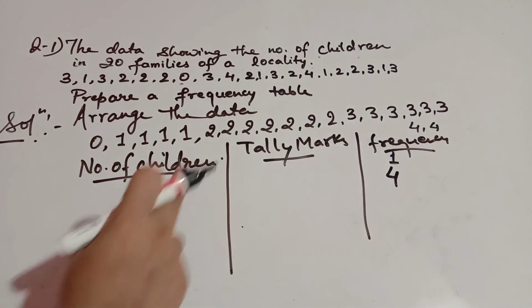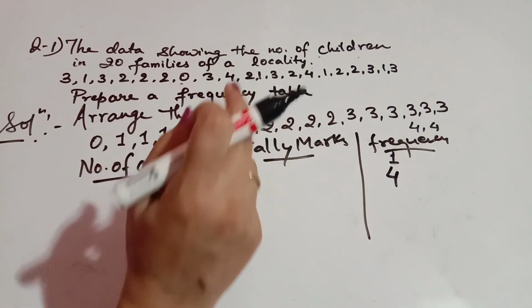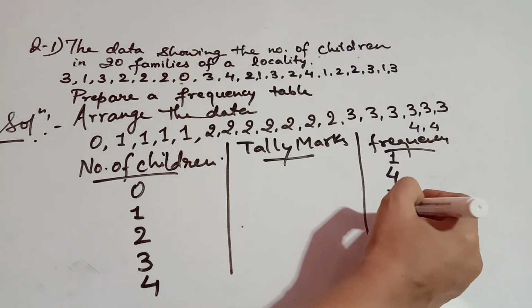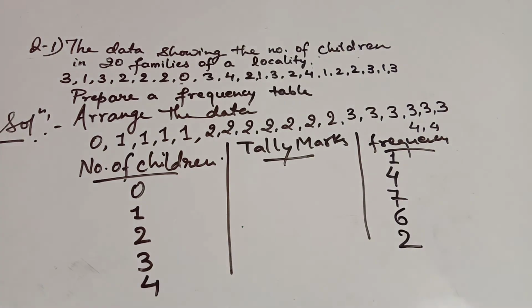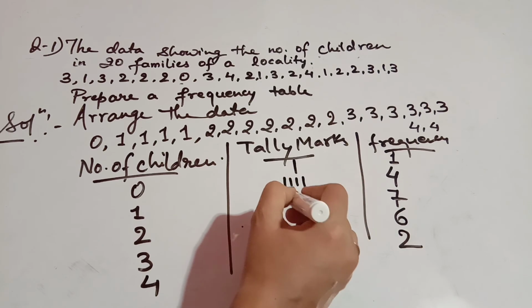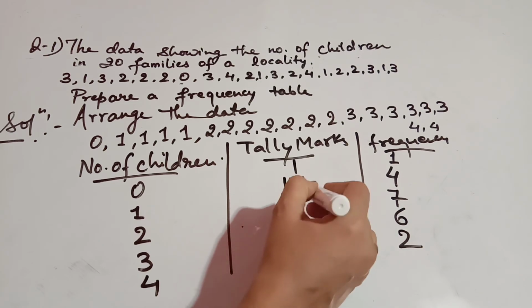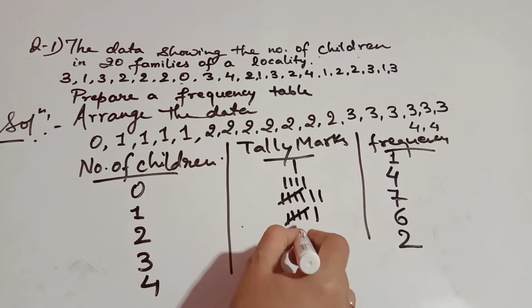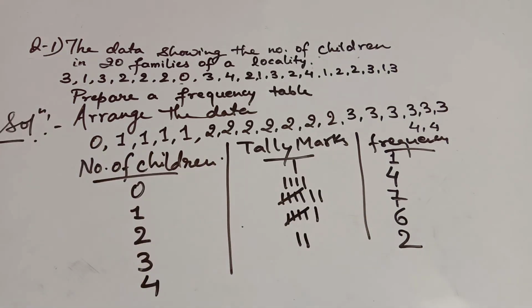Frequency of 2, you count this, is 7. Frequency of 3 is 6, and frequency of 4 is 2. Then the tally marks: 1, 4, 7, 6, and 2. Like this we prepare a frequency table.